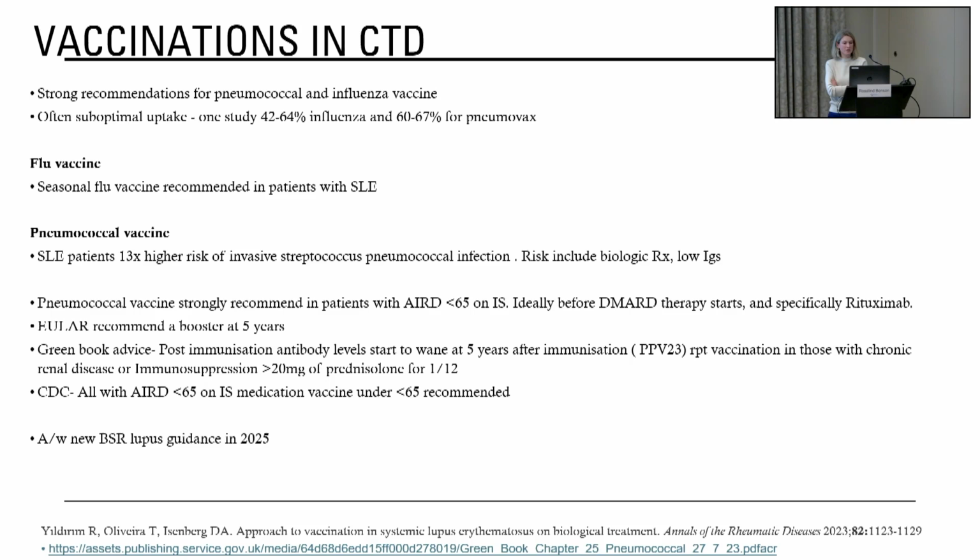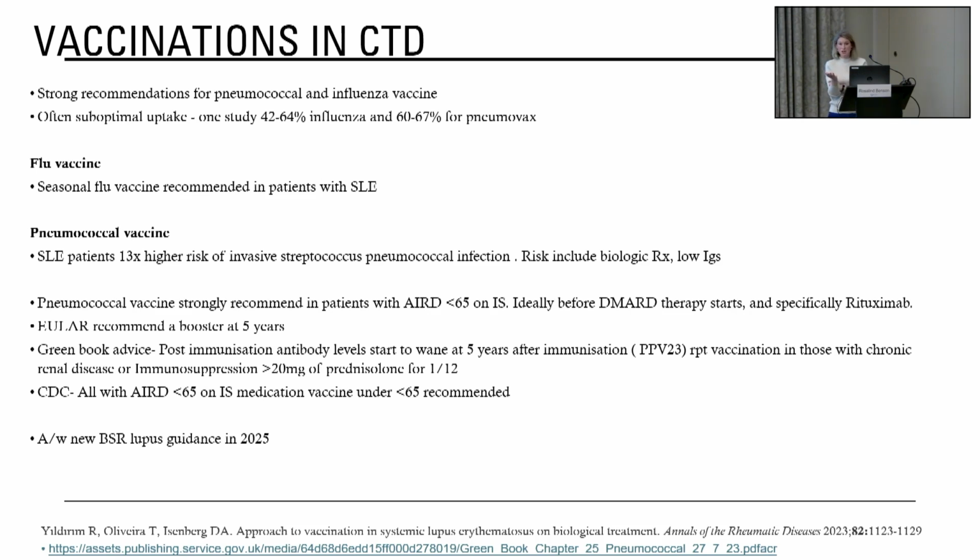If you look at the American guidelines, they suggest that anyone with an autoimmune rheumatic disease under the age of 65 on immunosuppression should have Pneumovax. If you look at EULAR, they also should have Pneumovax and then have a booster at 5 years.